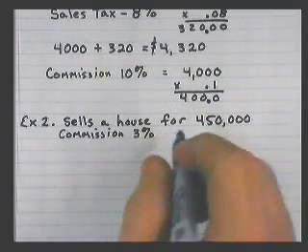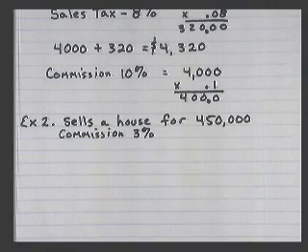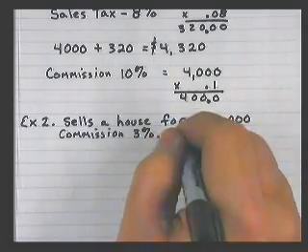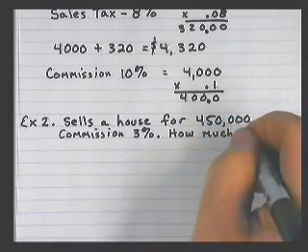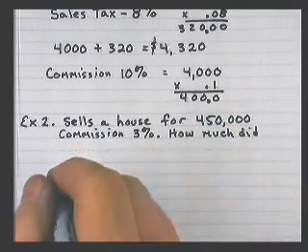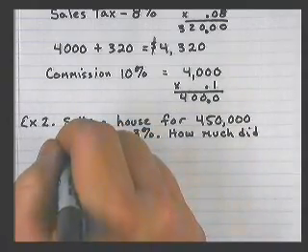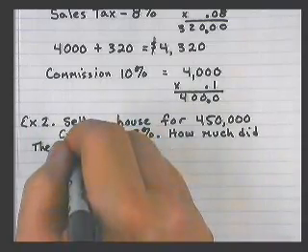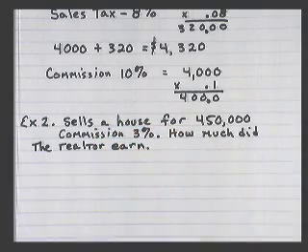Now, if I have a commission of 3% and I sell a house for $450,000, how much did the realtor earn?